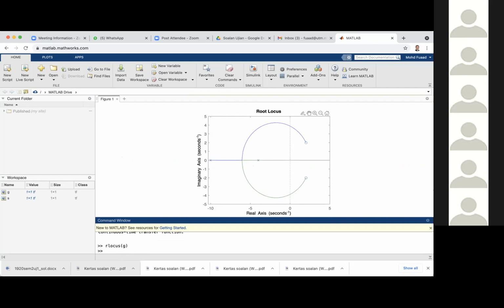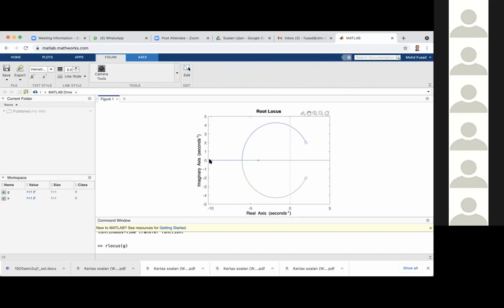So you have 2 complex conjugate zeros on the right hand side of the s-plane, and you have 2 real poles on the left hand side, which is this one, and this one.